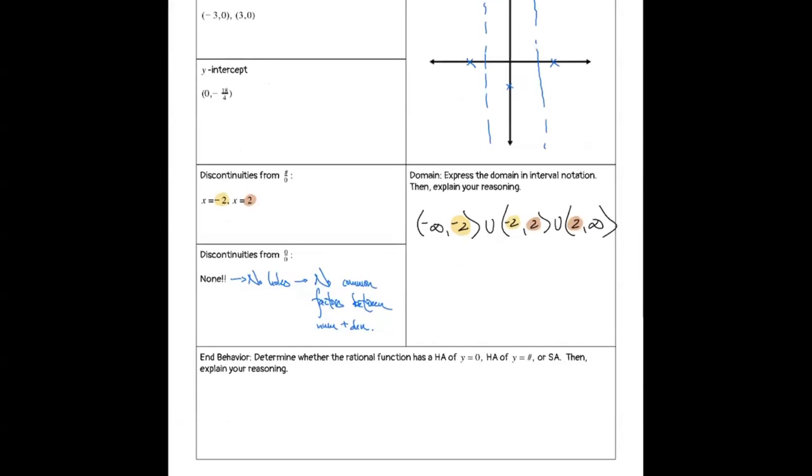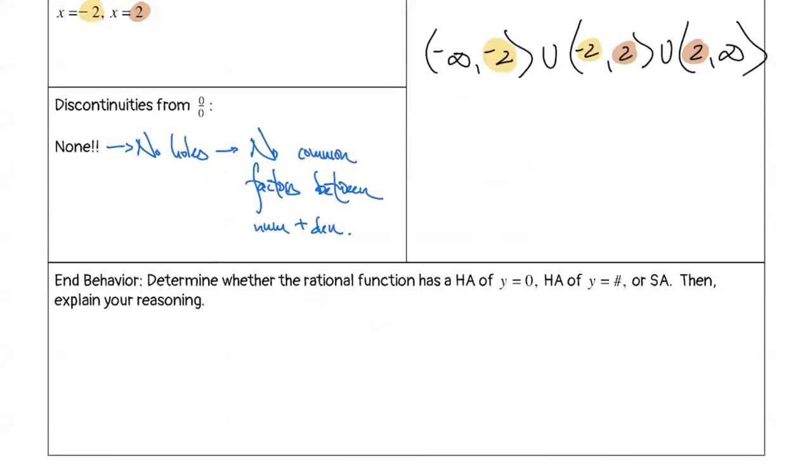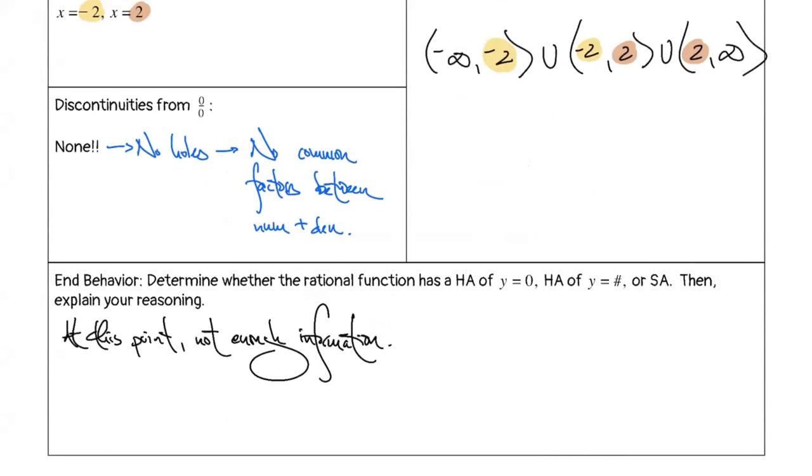Yeah, I would agree. I think that at this point, not enough information, right?